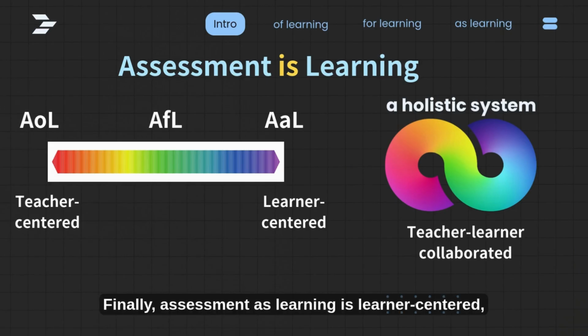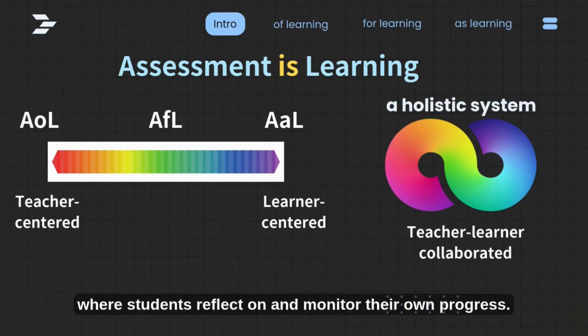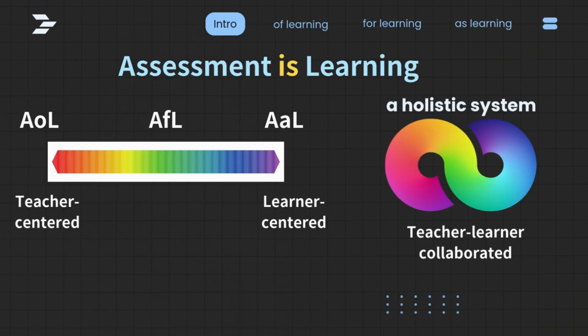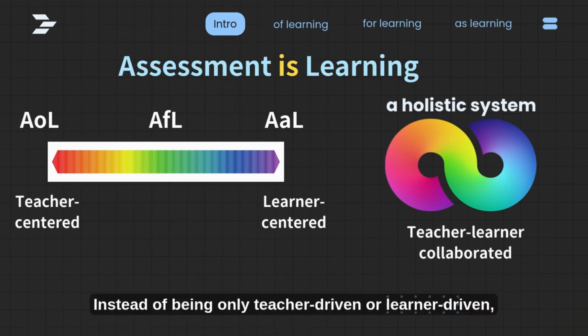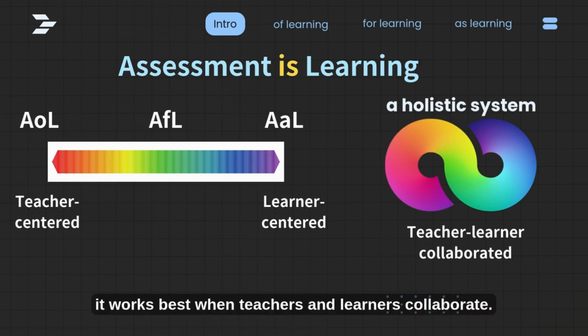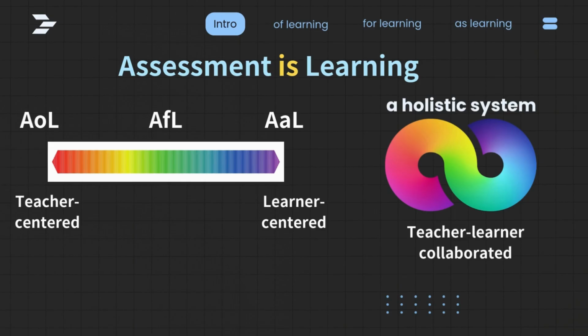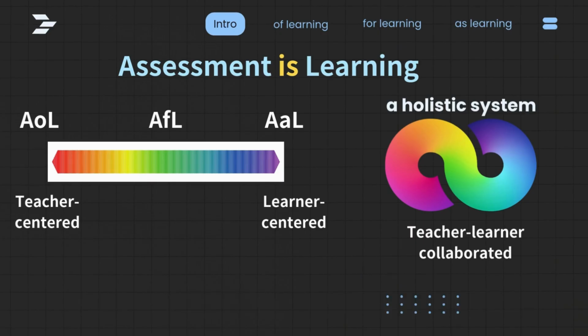Finally, Assessment as Learning, AAL, is learner-centered, where students reflect on and monitor their own progress. On the right, the image reminds us that assessment should be seen as a holistic system. Instead of being only teacher driven or learner driven, it works best when teachers and learners collaborate. In this way, assessment becomes part of the learning process itself, supporting growth for both teaching and learning.